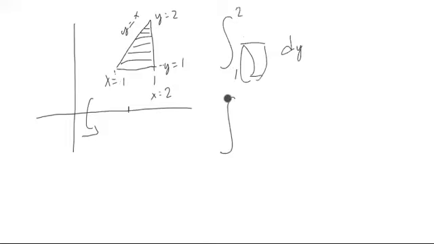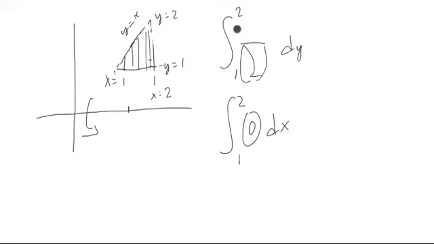Or we can think about putting vertical lines through this, rotating each one of those vertical lines, and getting a washer. That would be with respect to x as we go from 1 to 2. So we have our two different options.